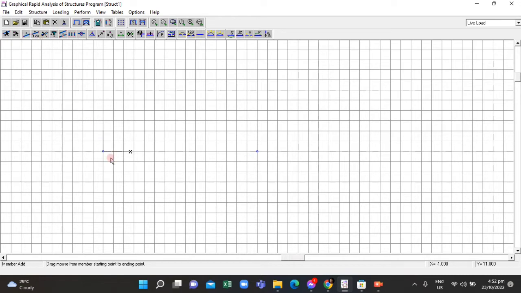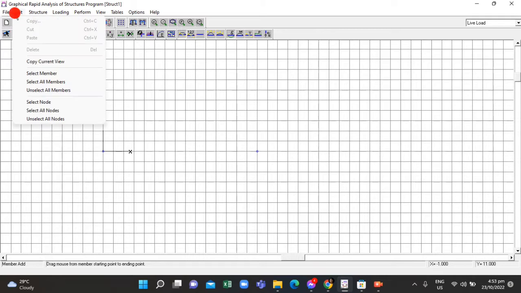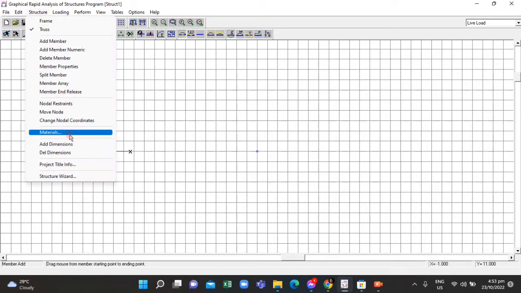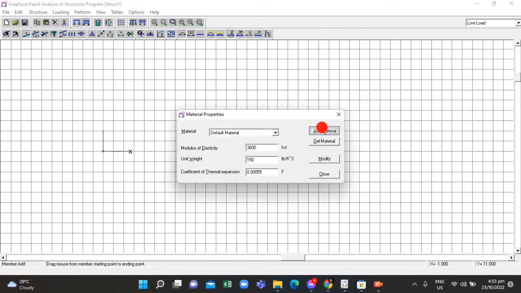Before that, I'm going to set a material. Add a material with the given properties of the material that is used in this plane truss.